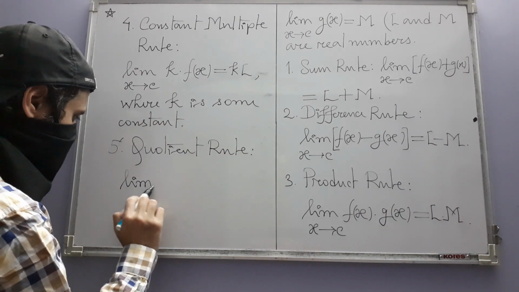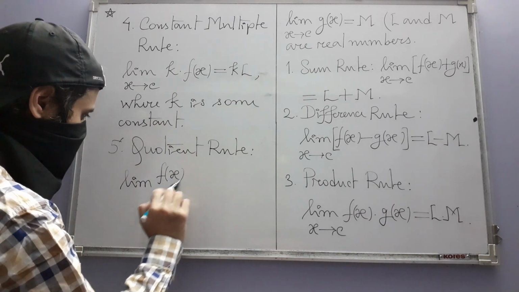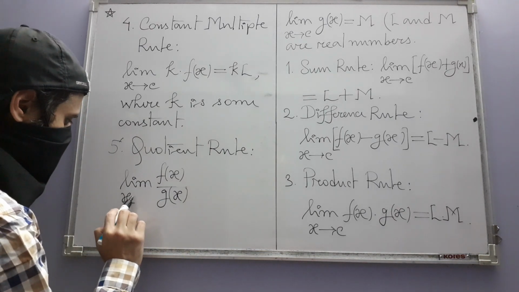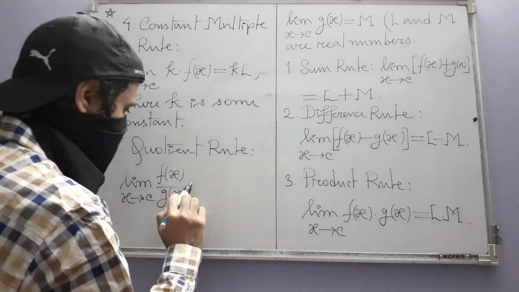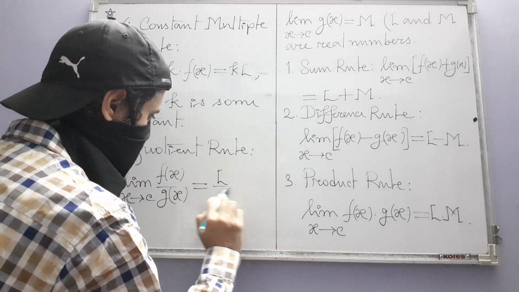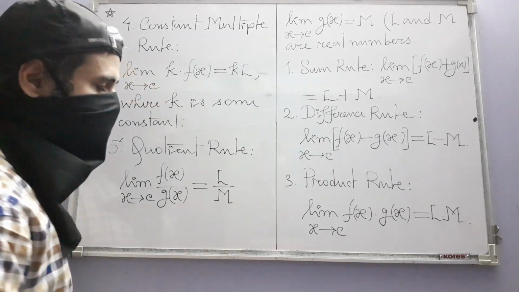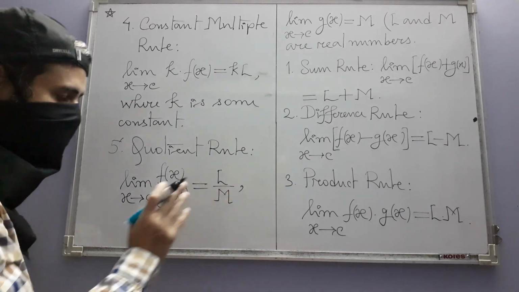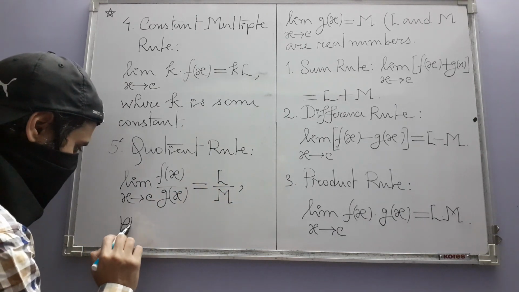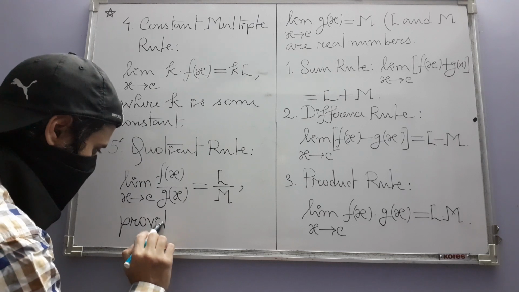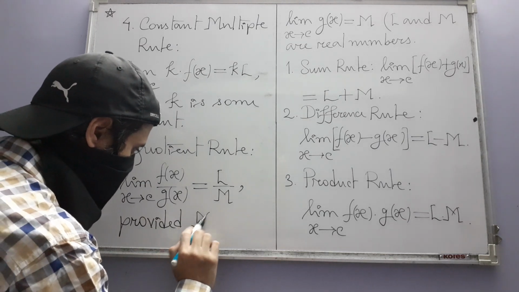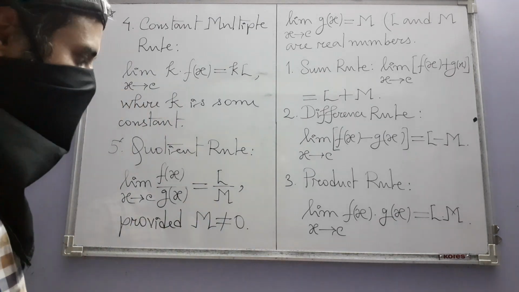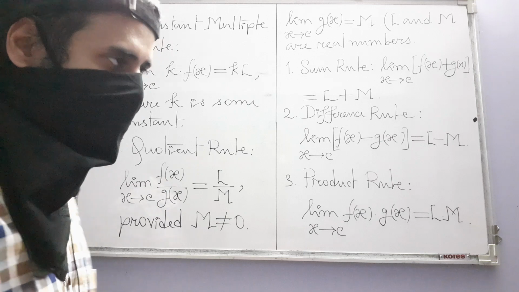It states that the limit of the quotient of f of x and g of x as x approaches c is going to be the quotient of the limits, L over M. And in order for this to be meaningful, you have to assume that M is not equal to 0, because otherwise the right hand side becomes meaningless.